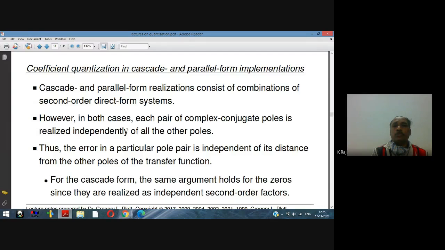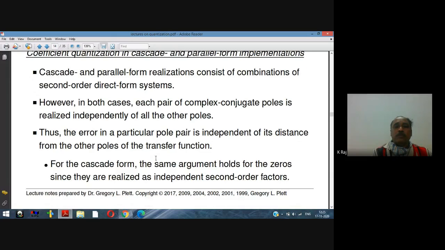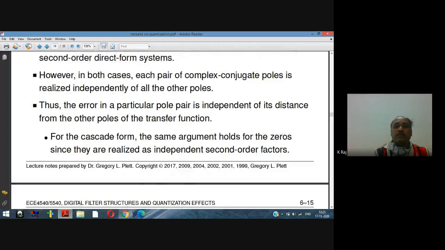However, in both cases, each pair of complex conjugate poles is realized independently of all the other poles. Thus, the error in a particular pole pair is independent of its distance from the other poles of the transfer function. For the cascade form, the same argument holds for the zeros, since they are realized as independent second order factors.